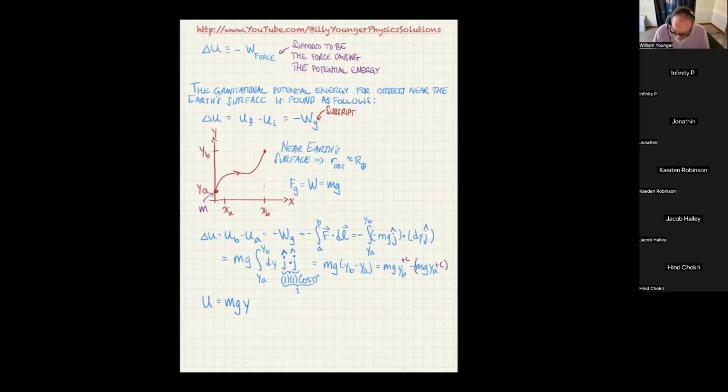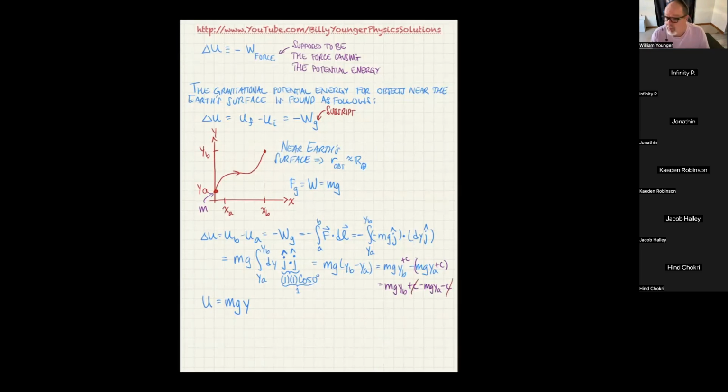So you can see when you subtract them, you would get mgyb plus c minus mgya minus c once that's distributed. And you can see that the c's cancel out.